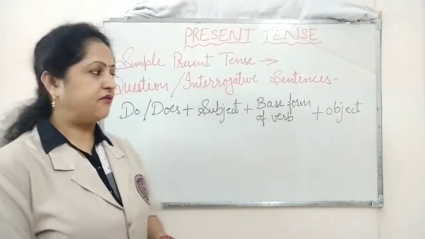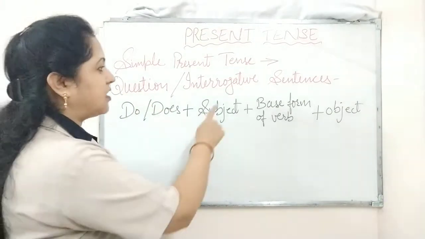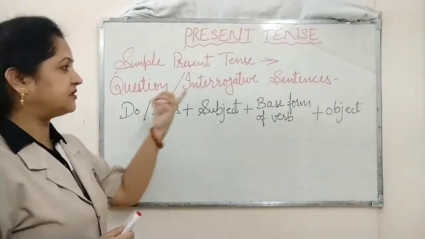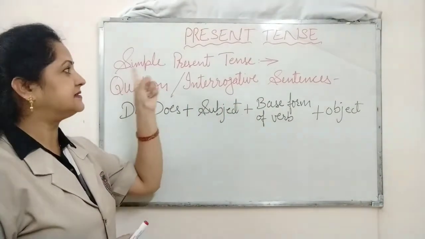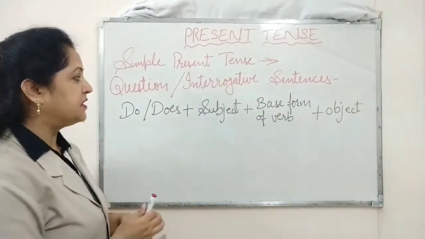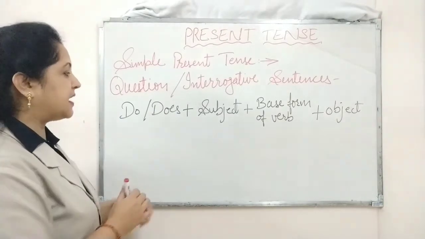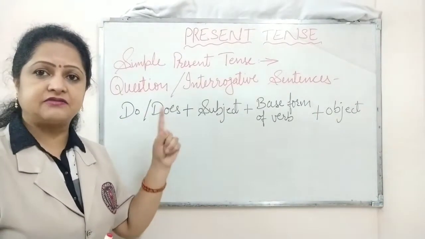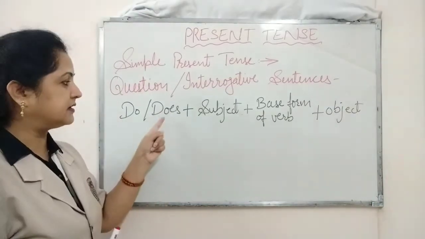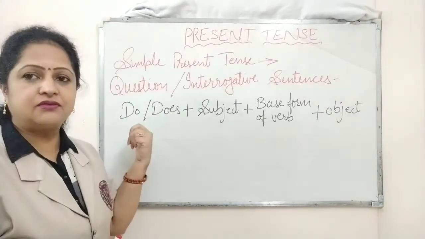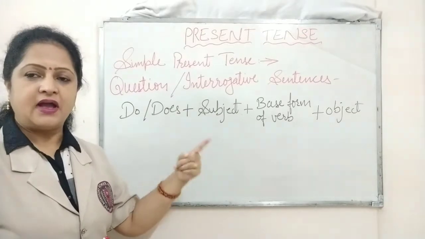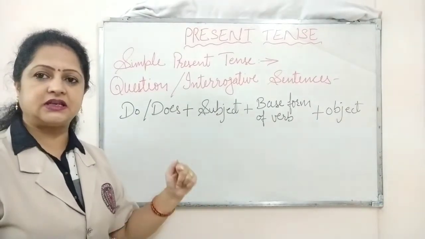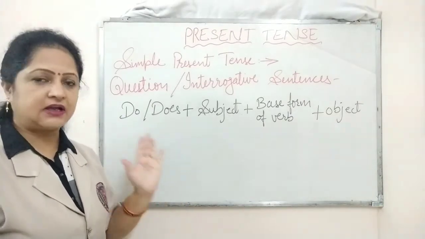In case of question or interrogative sentences in simple present tense, we make the sentence by using do or does. The sentence starts with do or does. As I told you, do with I, you and plural numbers, and does with he, she, it and singular numbers.